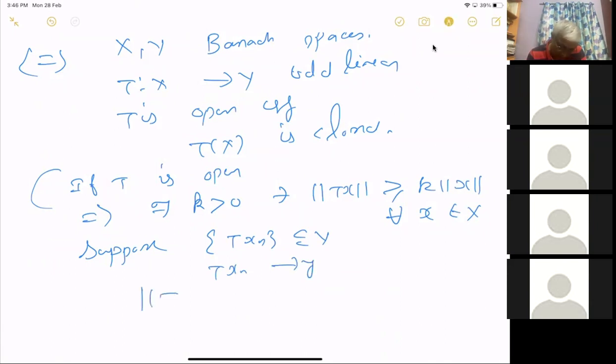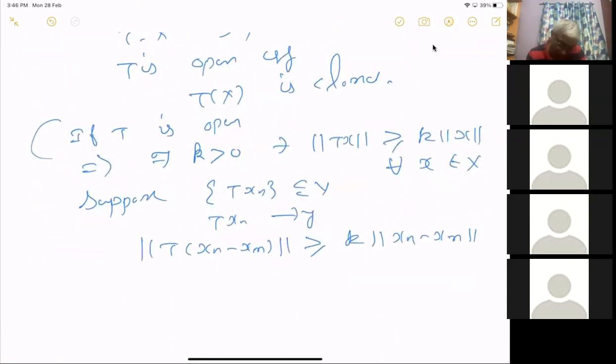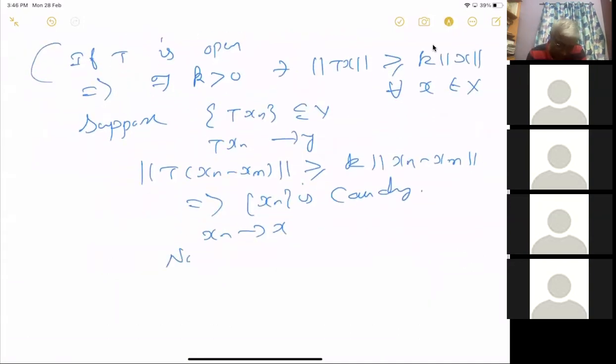Because it's bounded below, norm of T of xn minus T of xm is greater than or equal to k times norm of xn minus xm. Since the left side goes to 0, T of xn is a Cauchy sequence, which implies that xn is a Cauchy sequence. Since X is complete, xn converges to x. Now T of xn converges to T of x, which should be equal to y because the limit is unique. So this implies the range of T is closed.